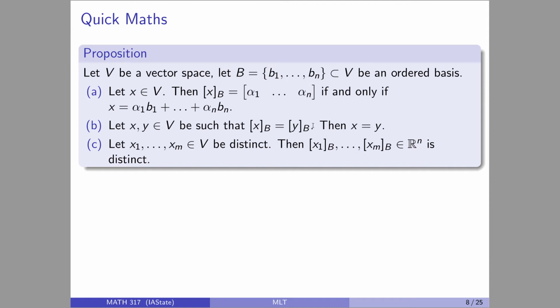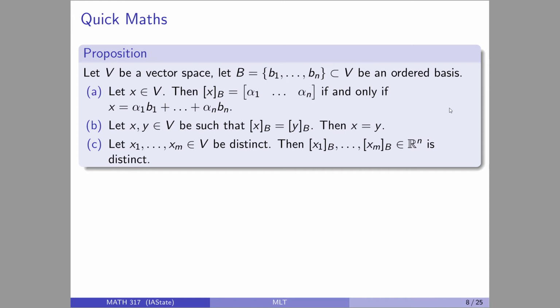So if I have a standard representation, there's only one thing in V that gives me that. That means if I've got a distinct set in V, the corresponding set in Rn is also distinct, which might be important for, I don't know, linear independence.